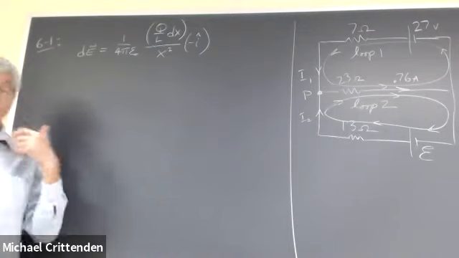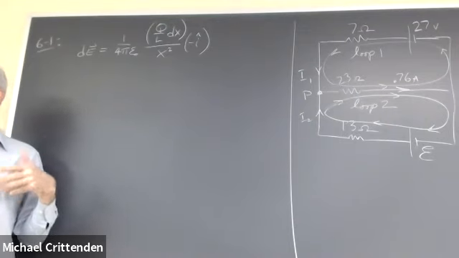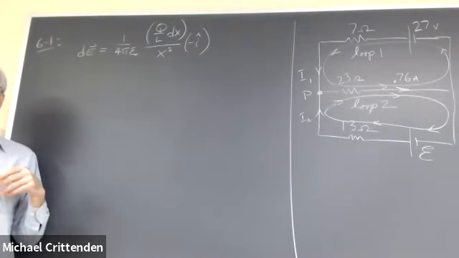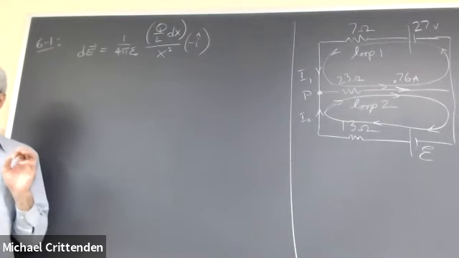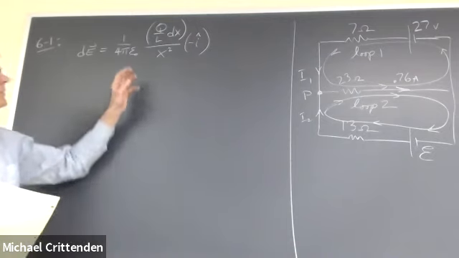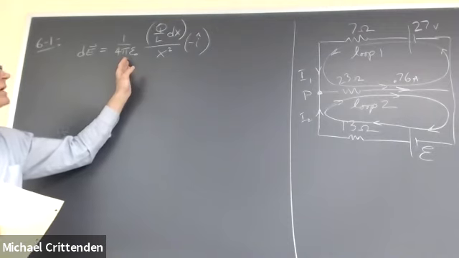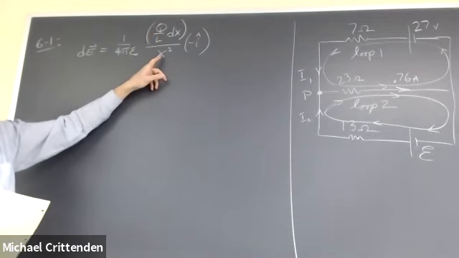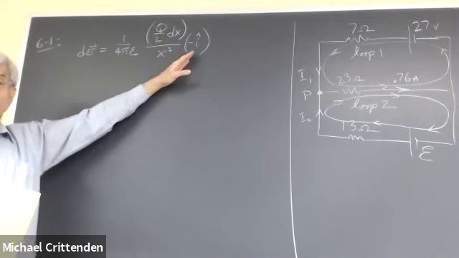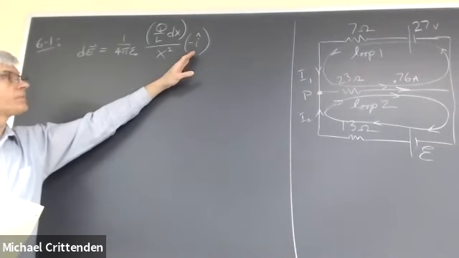The basic formula here goes back to pretty much the beginning of the course. The field of a point-like charge equals the Coulomb's law constant times q over r squared. And then you stick a unit vector on there to give it a direction. Okay?